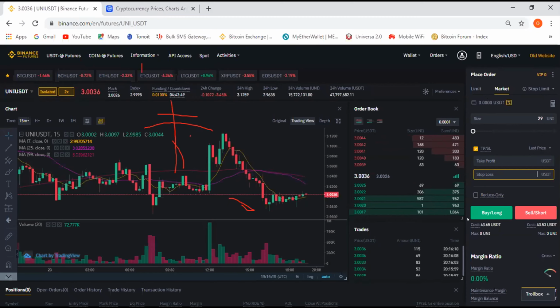It means that on futures, you are not going to click the sell button to sell what you are buying to be in profit.